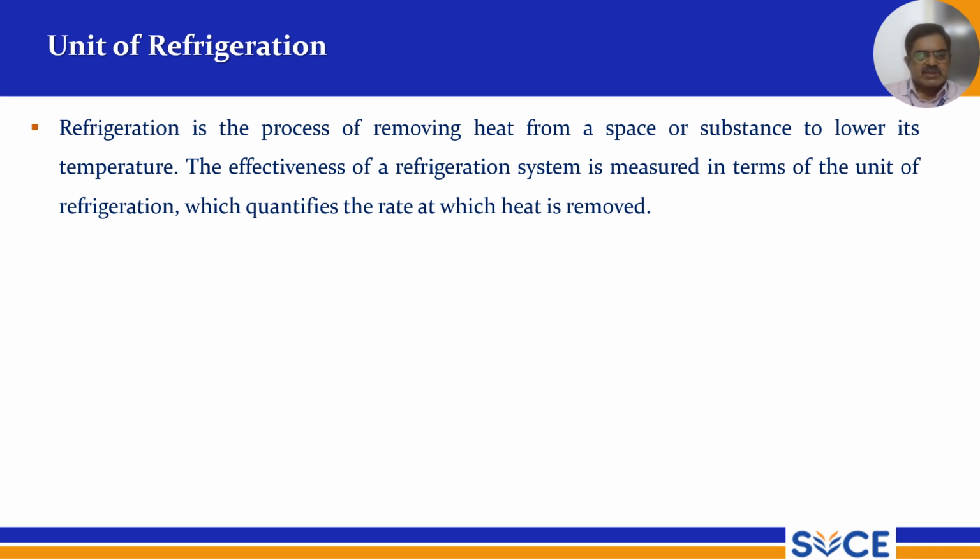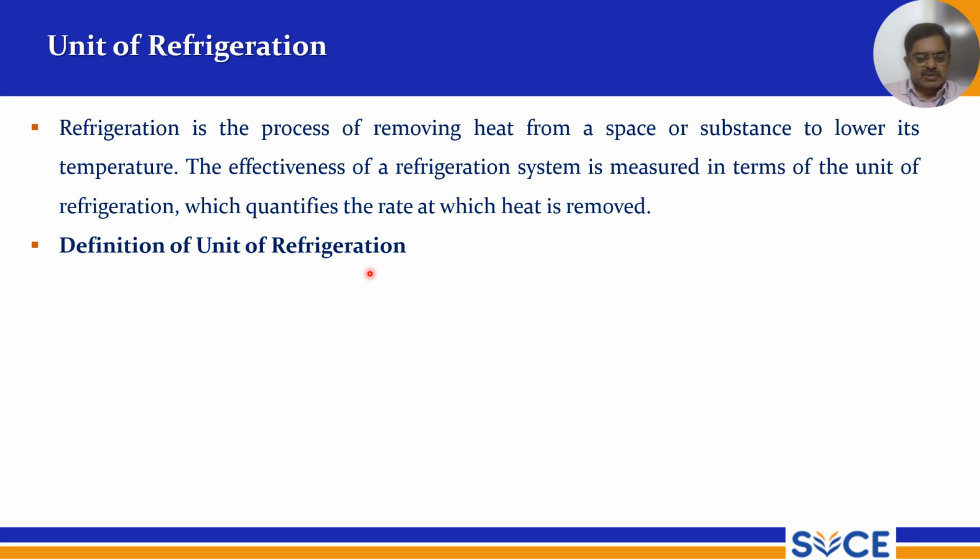So that is nothing but the refrigeration process. The effectiveness of a refrigeration system is measured in terms of unit of refrigeration, which quantifies the rate at which heat is removed. So this is a simple definition.